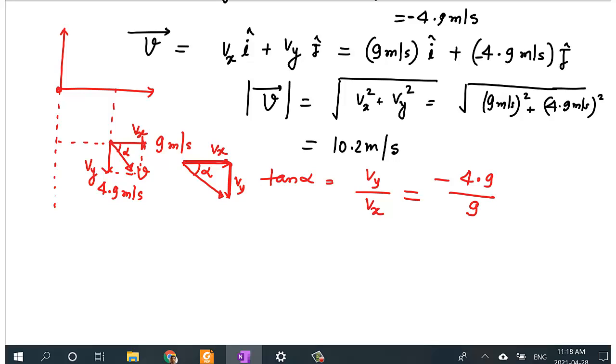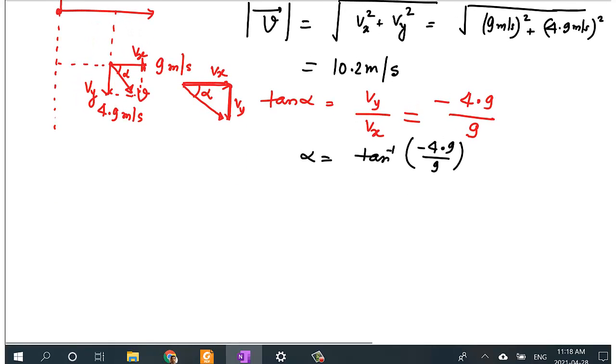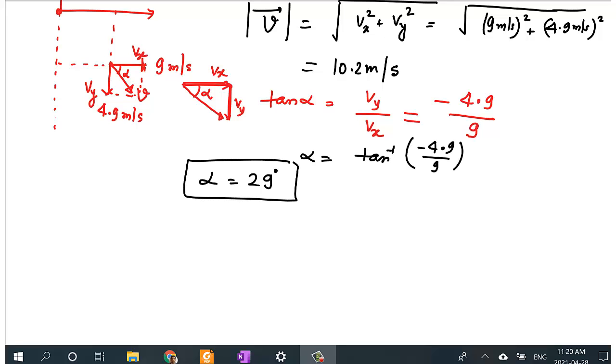Alpha is basically tan inverse or arctan of minus 4.9 divided by 9. If you calculate this value, you will find alpha is equal to 29 degrees. So the motorcycle velocity is 29 degrees below the horizontal.